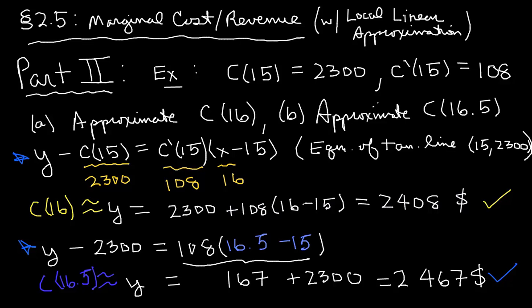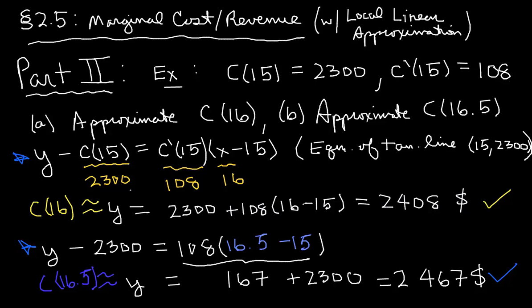Now, of course, there's a simpler way to do this, and the simpler way is simply by understanding what it means to be marginal cost. If your marginal cost at 15 is $108, that means that the cost of producing one more after 15, the 16th item, will cost you $108. So the cost of producing 16 will be the cost of producing 15 plus the marginal. And that's what we got.